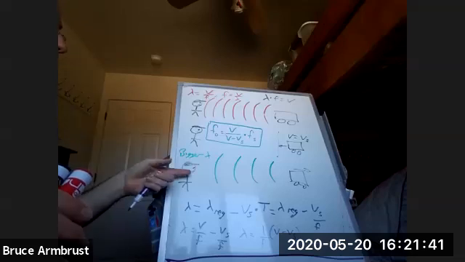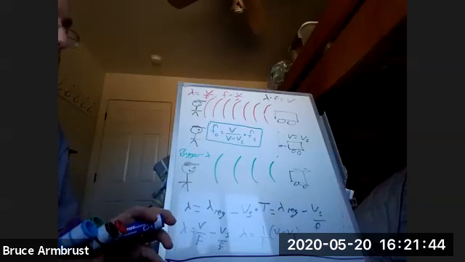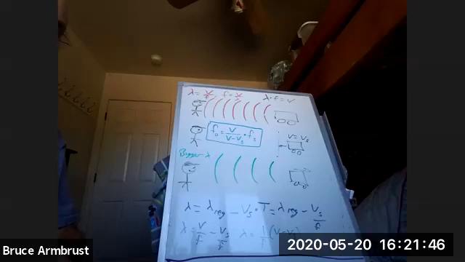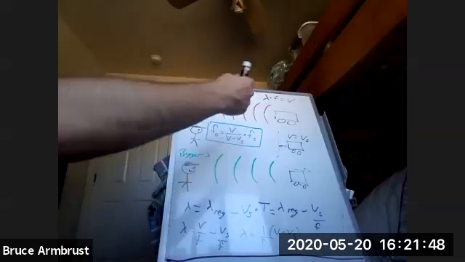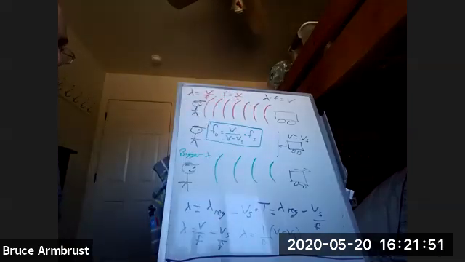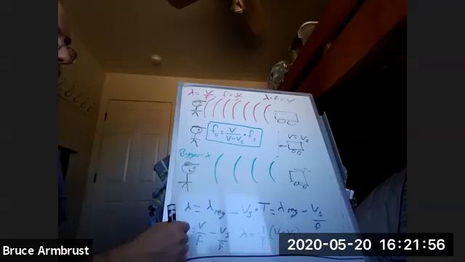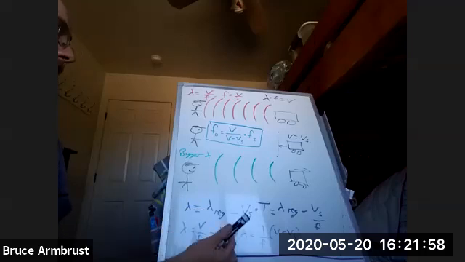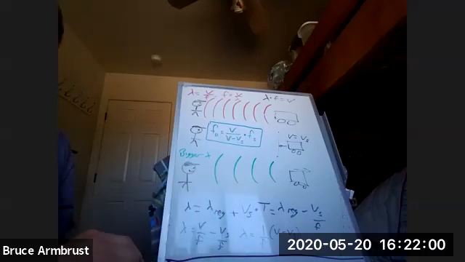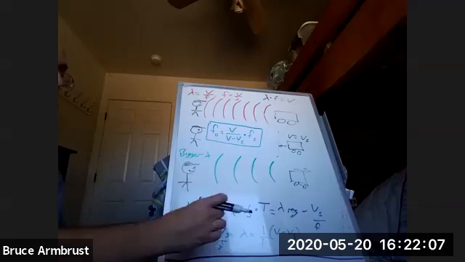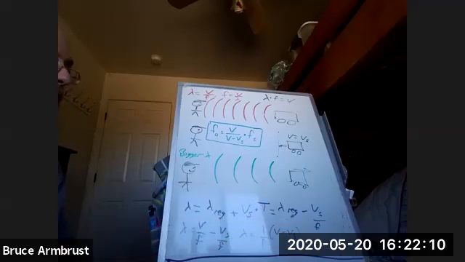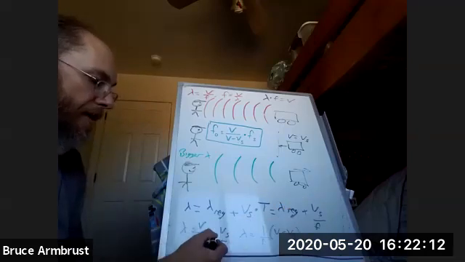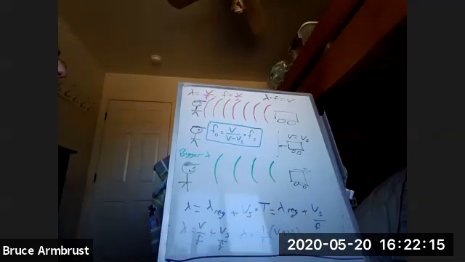All right, so let's go to the bigger lambda, the source going away from us. So again, let's go with the velocity being V sub S. We can follow the exact same structure here, except now it's going to be that wavelength plus VsT. So we're going to add to that distance the distance traveled by our source. So that becomes a plus, this becomes a plus, this becomes a plus.